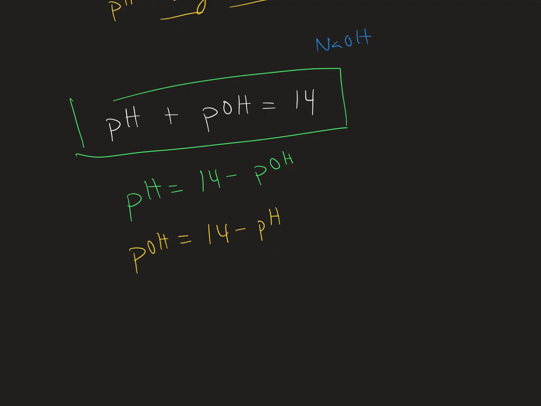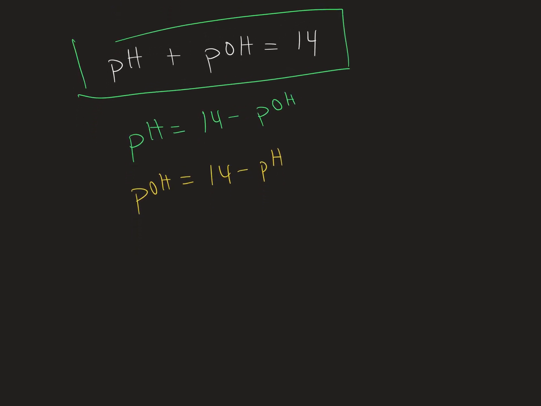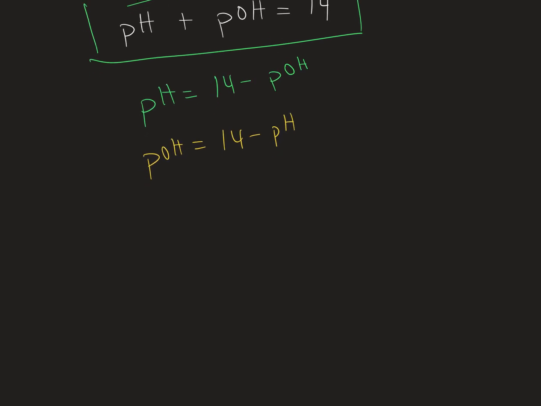Maybe not today, but we'll get there. Okay? So sometimes we go one way, sometimes we go another way, depending on what we're looking for. Ready for an example? Am I going too fast? Okay.